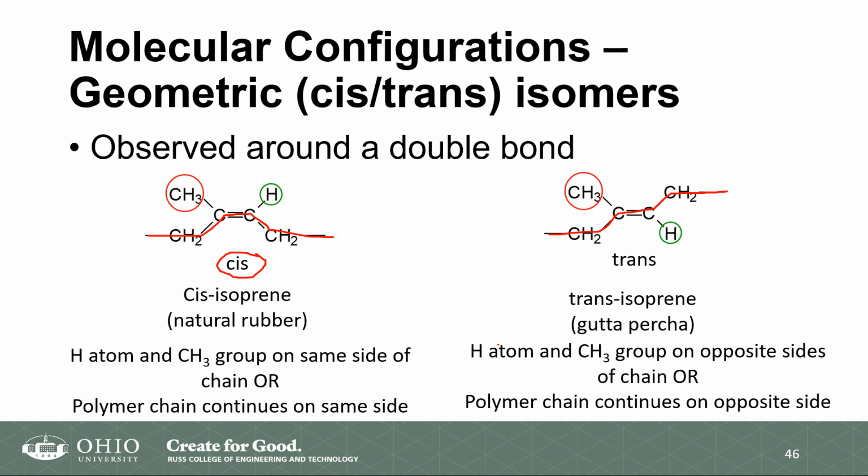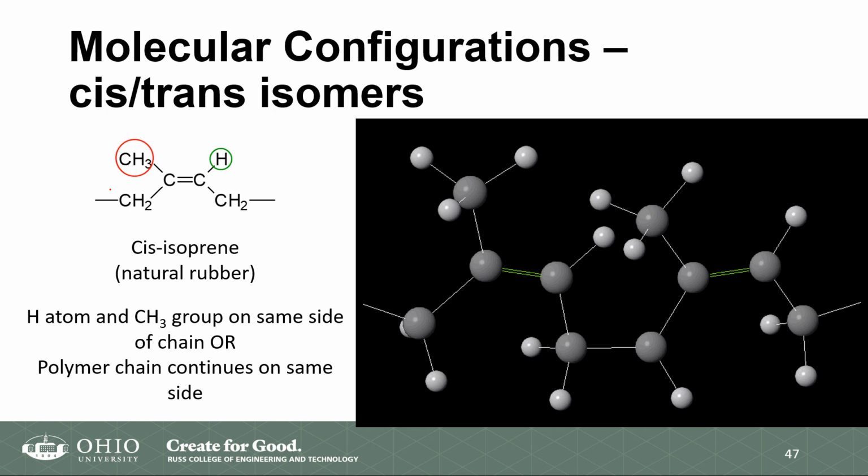So if we look at this in a 3-dimensional representation, let's look at the cis. What you will see here is that my chain continues on the same side after my double bond in each of these cases. And my groups that hang off are on the same side as well. So this would be the cis isomer for this particular configuration.